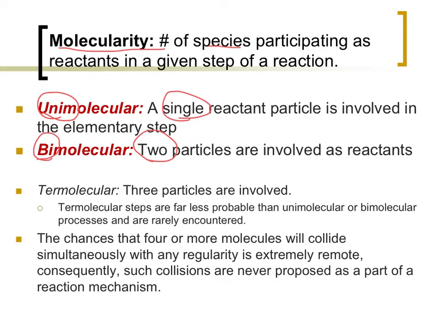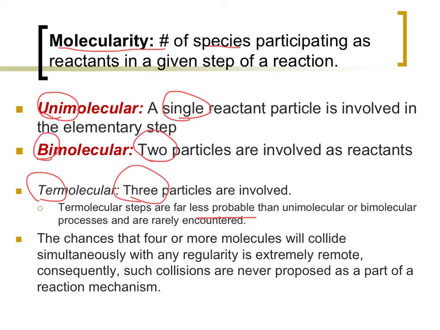Then, as you can imagine, if we have more particles involved, it becomes less probable. So the next step would be called termolecular. Think of "ter," so termolecular, 3 particles involved. And that's a little harder than letting just one thing decompose or allowing 2 things to find each other. Getting 3 things to line up, perfectly oriented with the right energy all amongst them, it's going to be a little harder.